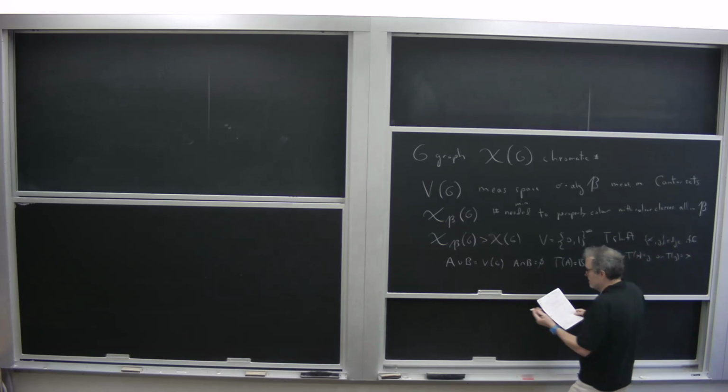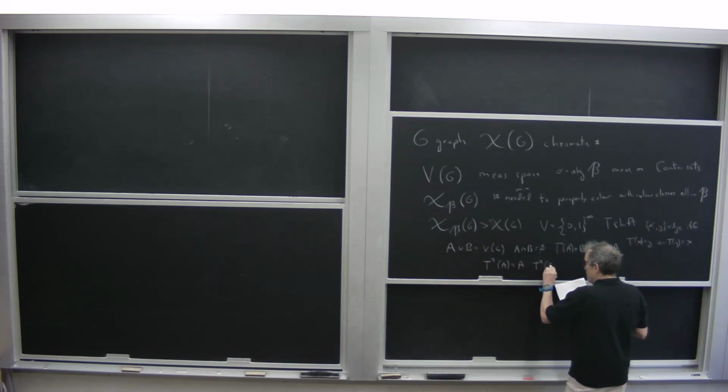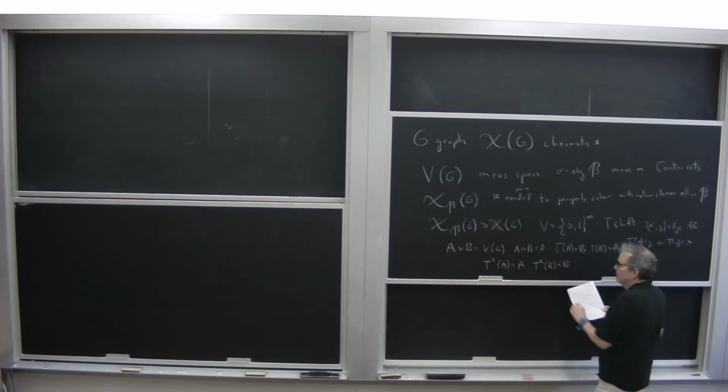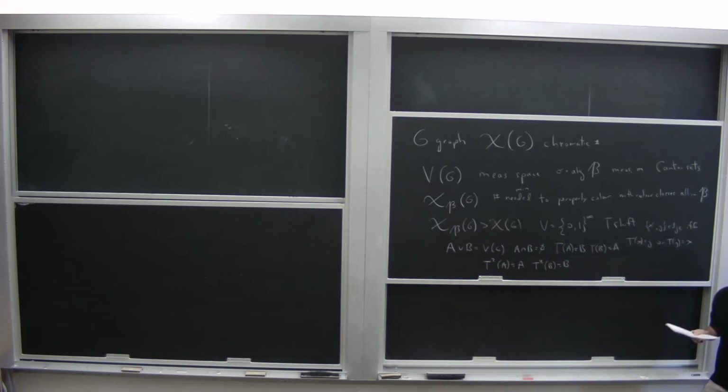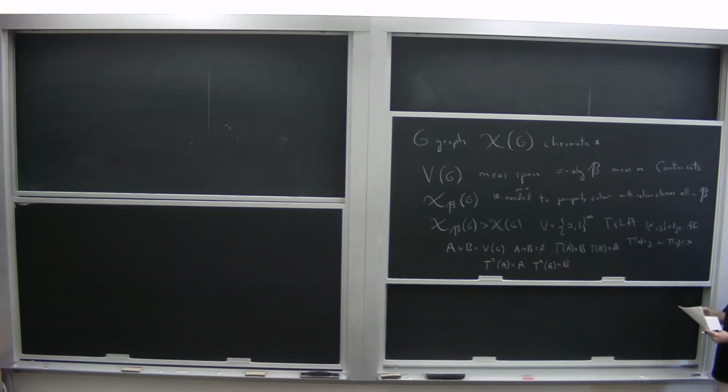But what does this mean in particular? It means that T squared of A is equal to A and T squared of B is equal to B. And I'm just making this an almost everywhere statement. I won't say it's true everywhere because there are some pathological problems here, occasional points where things just get repeated endlessly.